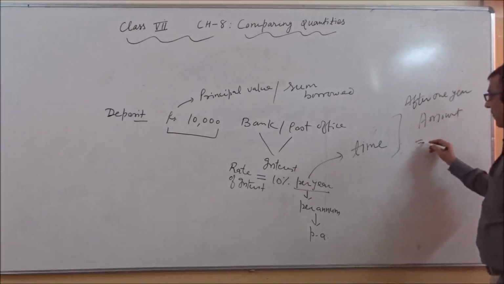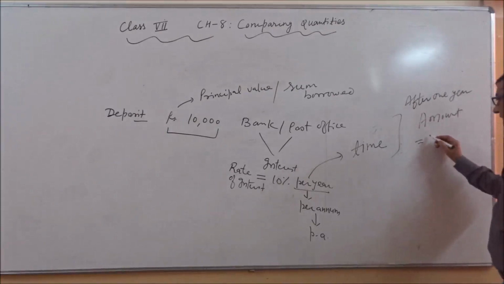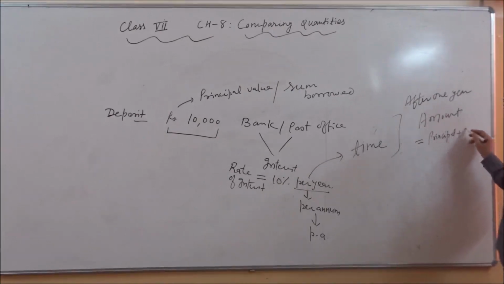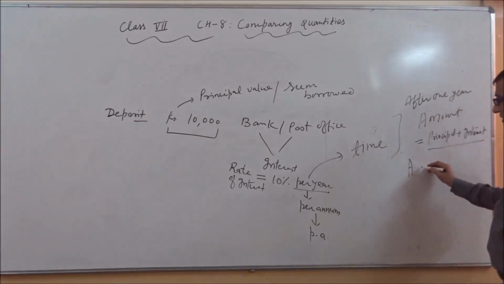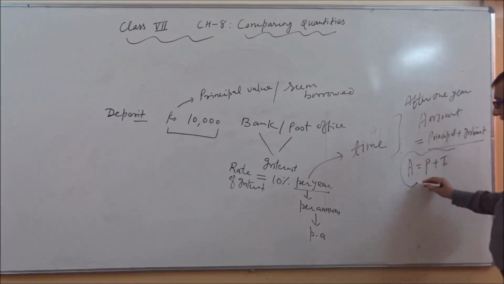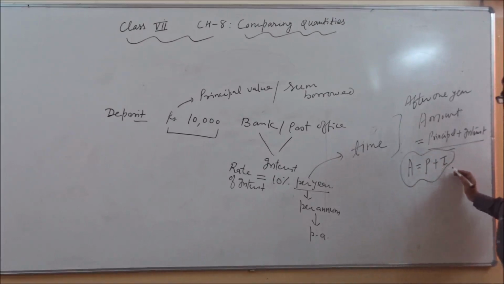It means after 1 year, he or she will get the principal plus the interest on that principal amount. So if amount is A, principal is P, and interest is I, then A equals P plus I. This is the formula for amount: amount equals principal plus interest.